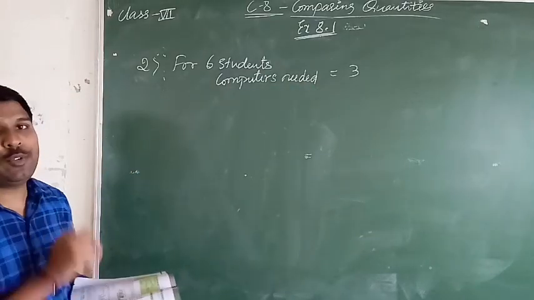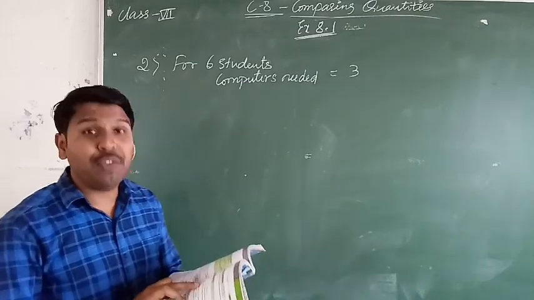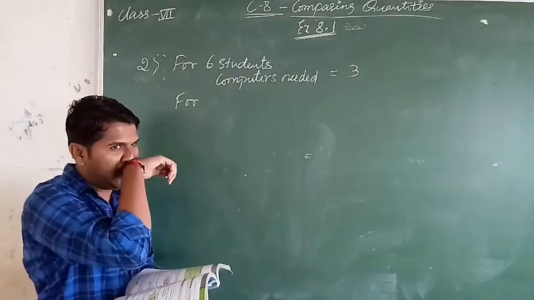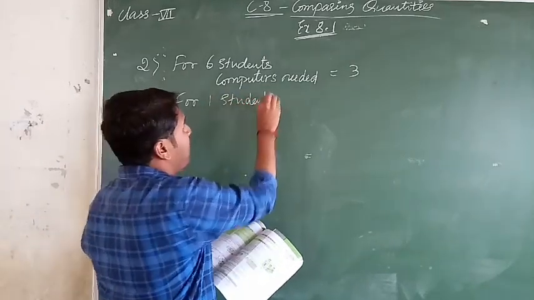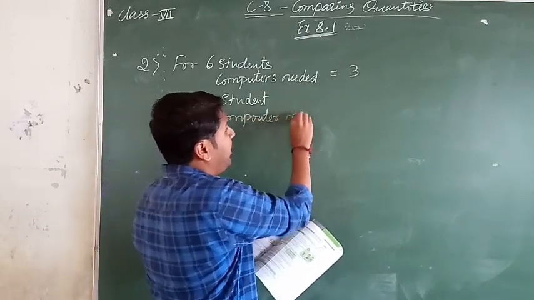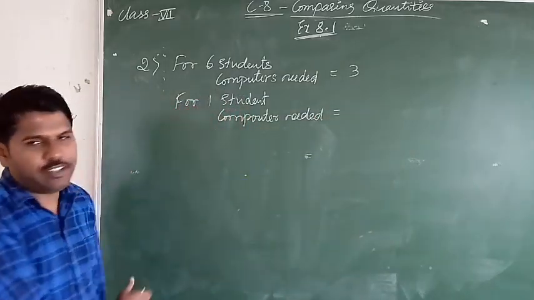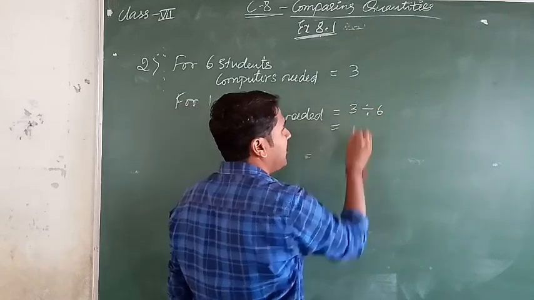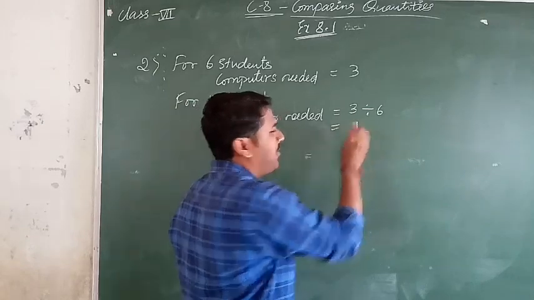For 1 student, otherwise you can directly take for 24 students, but you can take it for 1 student as well. For 1 student, computers needed equals, just a division, 3 divided by 6, isn't it? 3 ones are 3, 3 twos are 6, that is half.